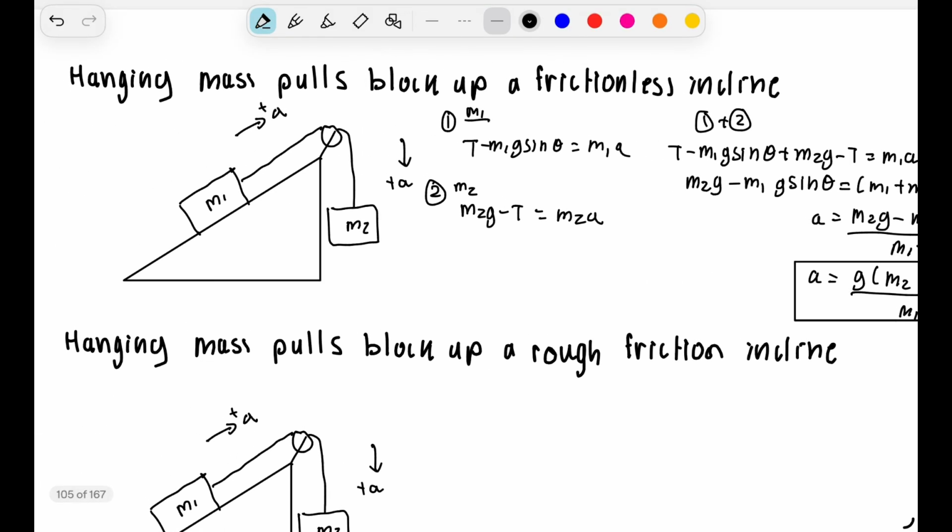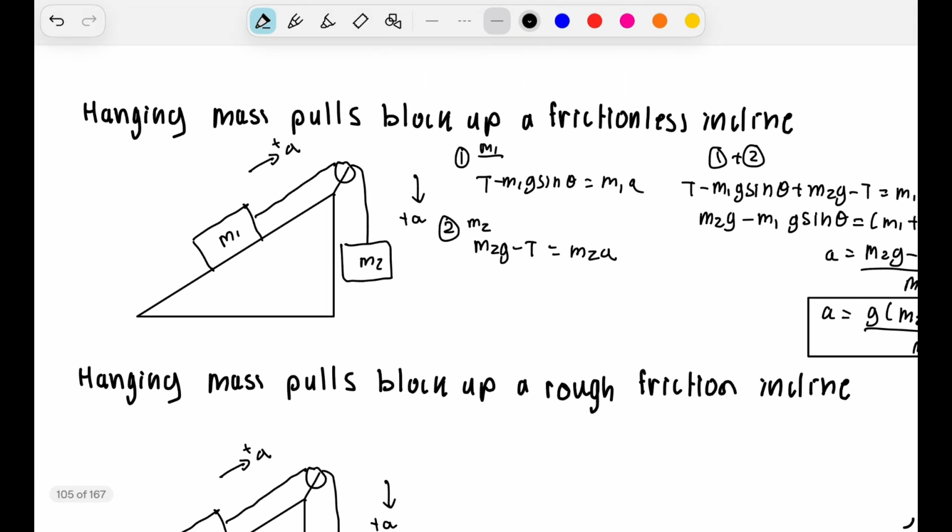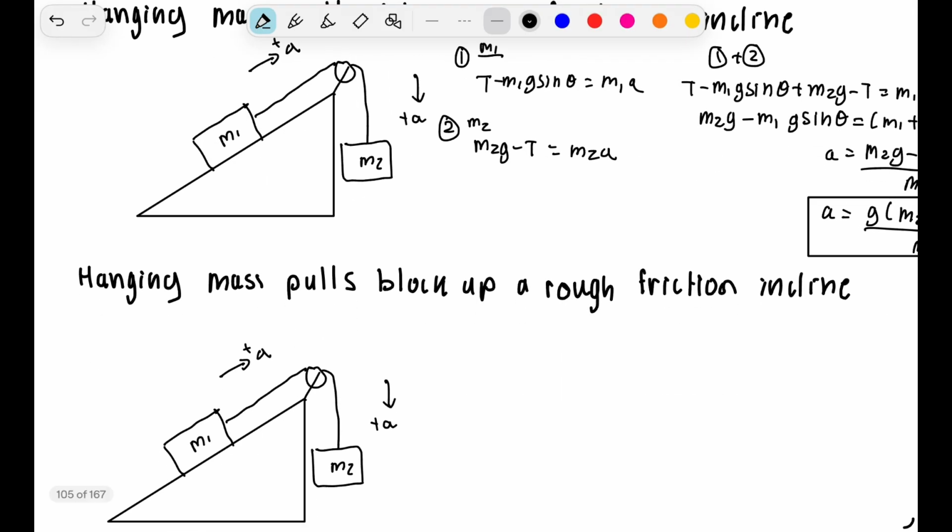Now our hanging weight is going to compete with M1's weight. So that's why we go downward for M2, and then that pulls M1 up too. So they move together. That's something you have to remember, that they're moving together.